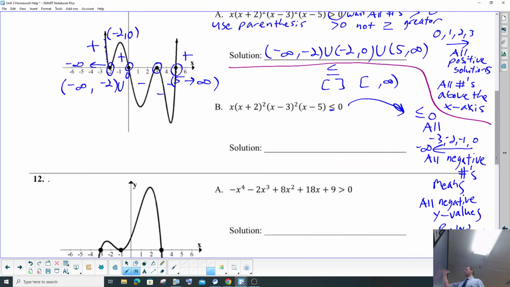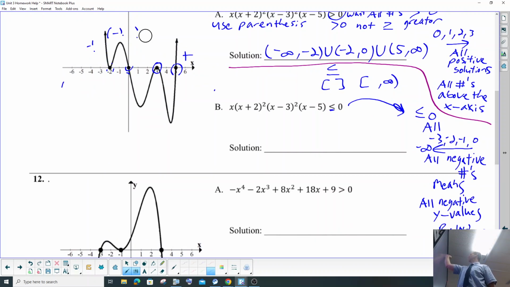Okay, here we go. We're going to erase for doing this one now, and now we're just looking for below. Where are we below the x-axis? Uh-oh, including. That means we are going to include those. Even this one, Mr. Newbold? Well, technically, yes.